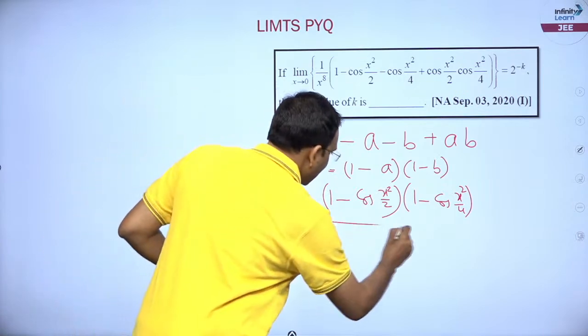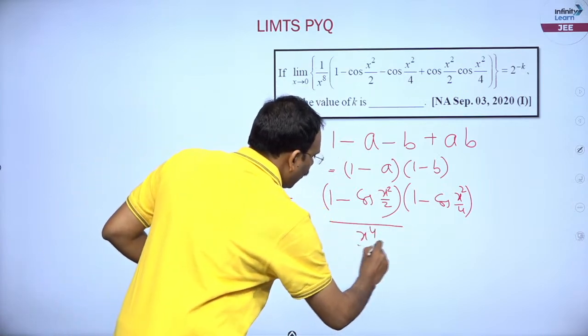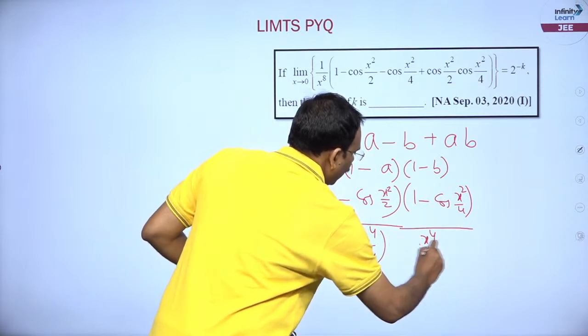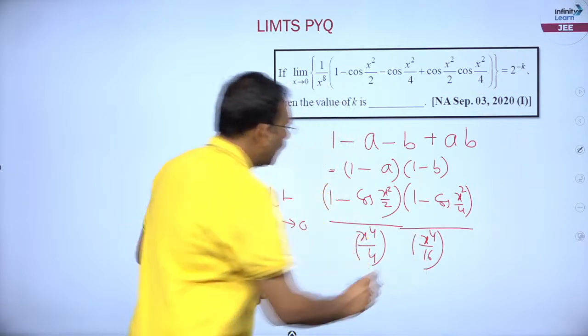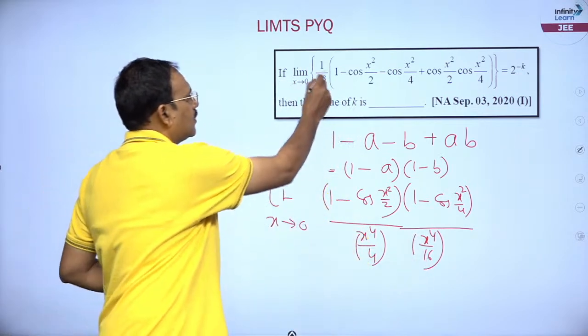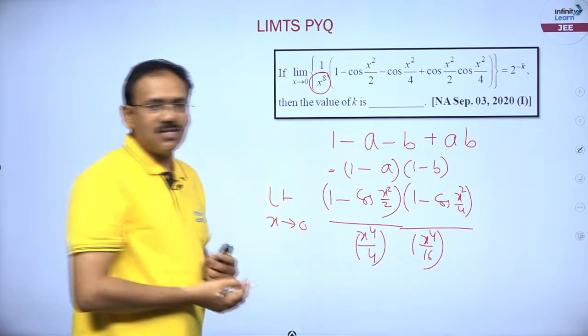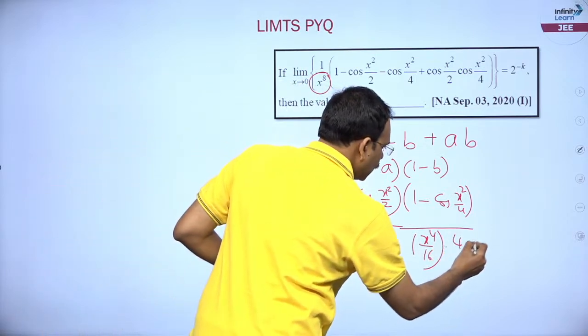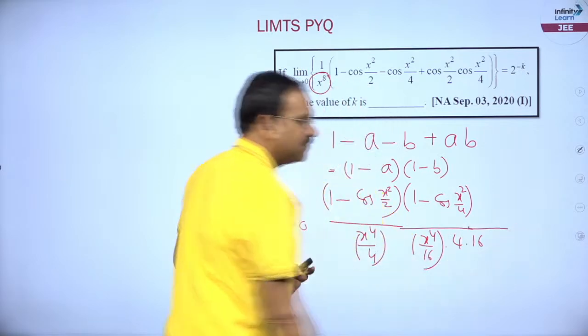So you just write here x power 4 by 4, here x power 4 by 16, which in turn in the denominator, this x power 8 is adjusted here. So I have introduced 4 and 16, so you write 4 and 16 here.